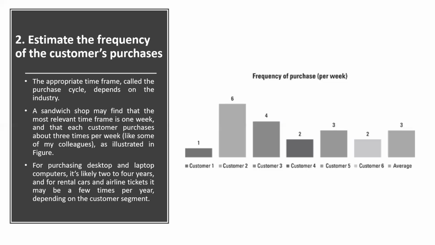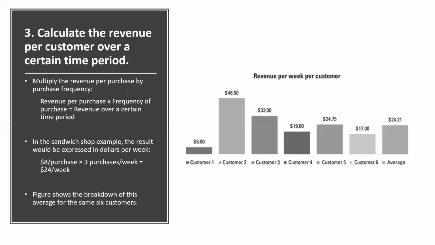So the first metric that you computed was average order value. Second one is frequency of purchase. Third one, calculate the revenue per customer over a certain period. So how do you do that? You multiply the revenue per purchase by purchase frequency. Like, okay, on an average 3 times a week, a customer is buying a sandwich.